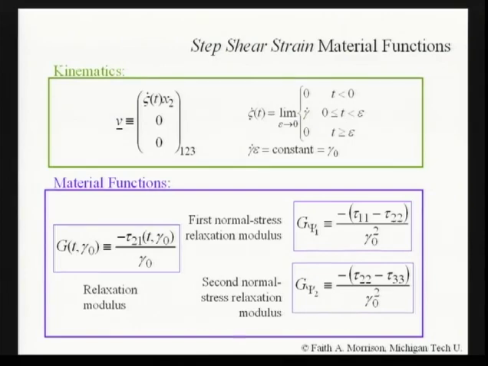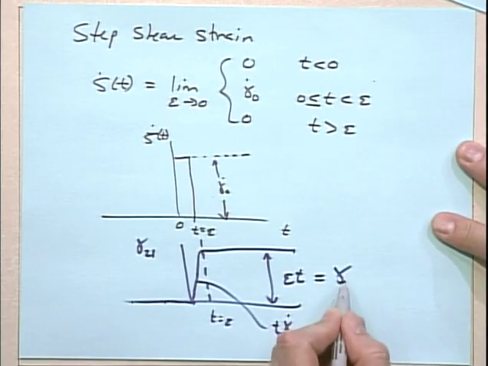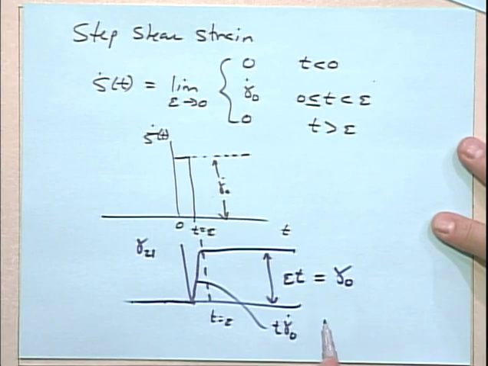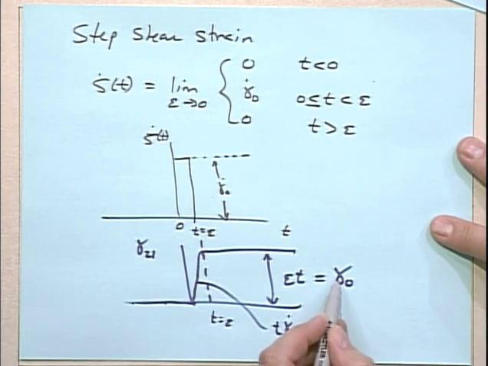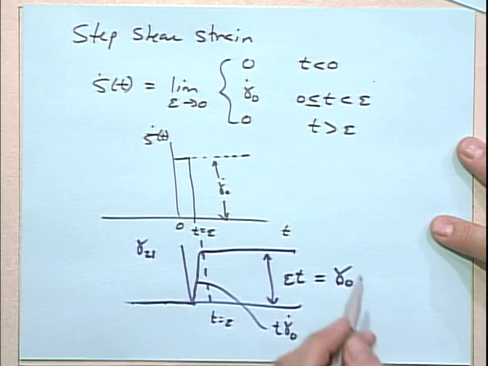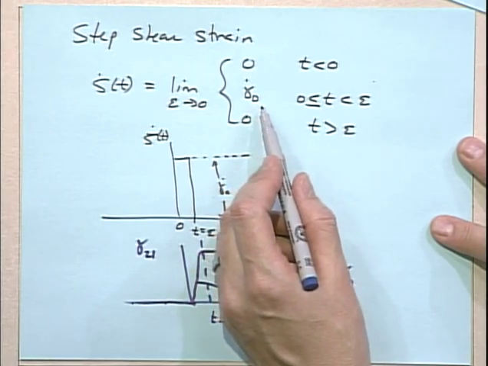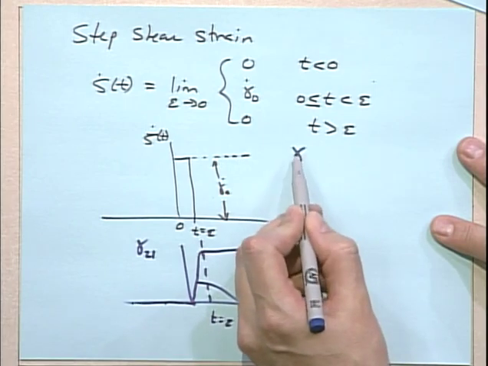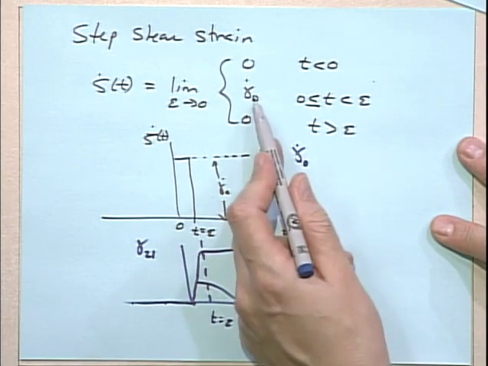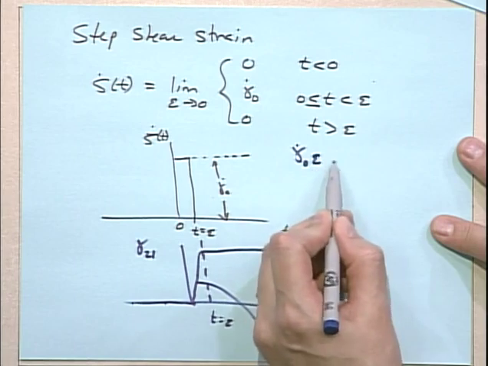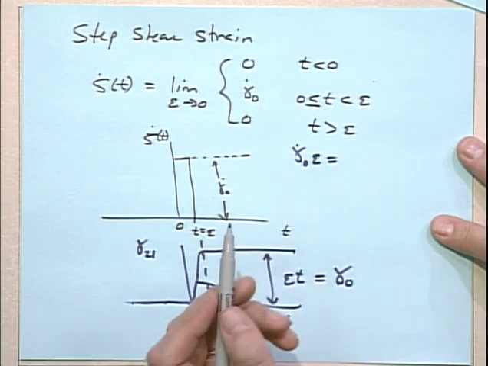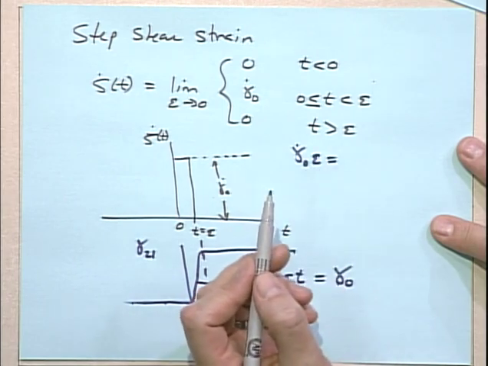Okay, so this is the strain at the end, which I call gamma 0. The ultimate strain, the strain of the step. This parameter, gamma dot naught, the strain rate, times epsilon is equal to the strain.